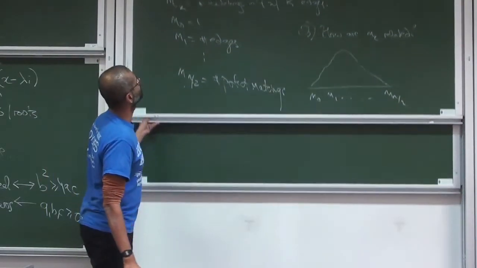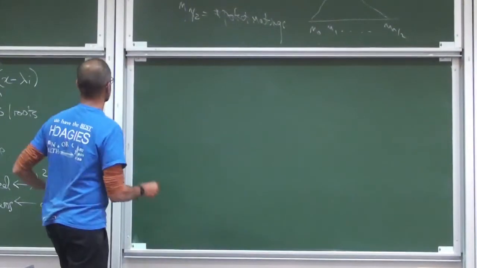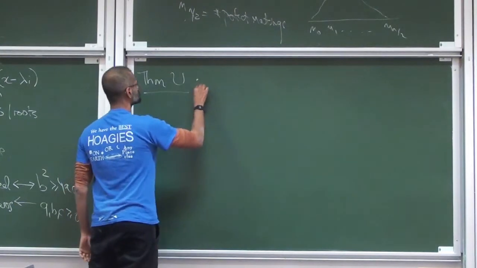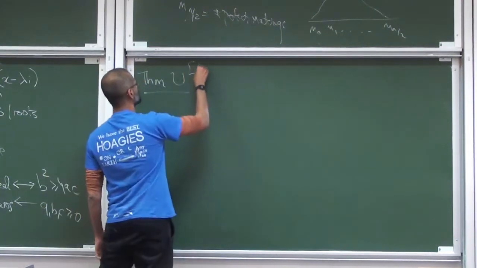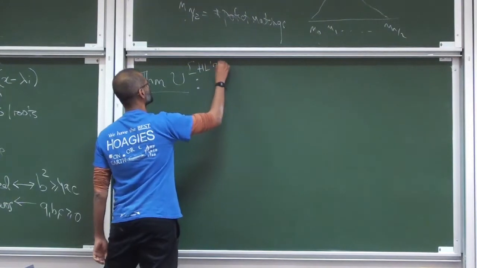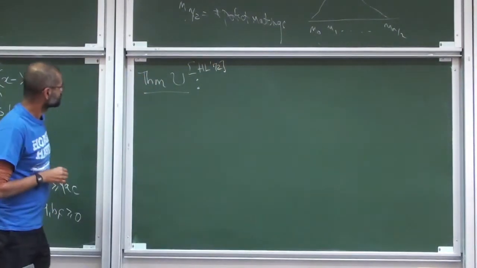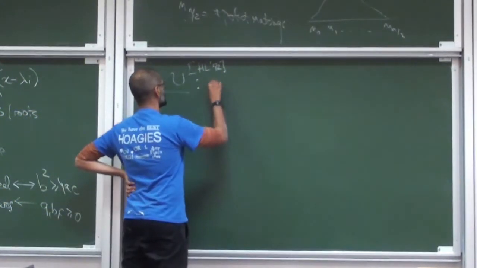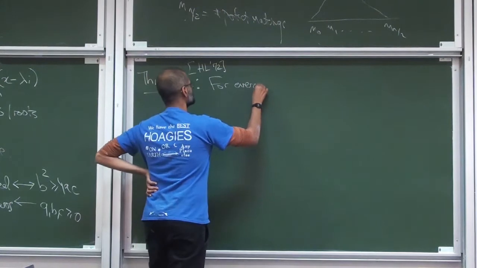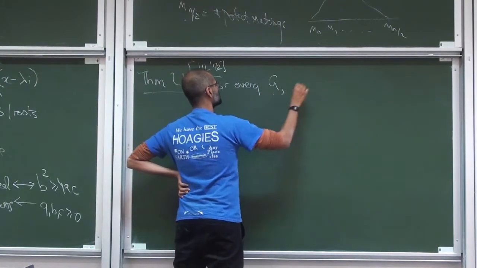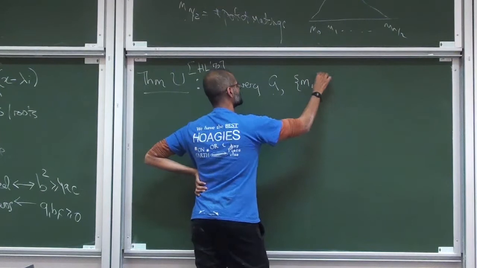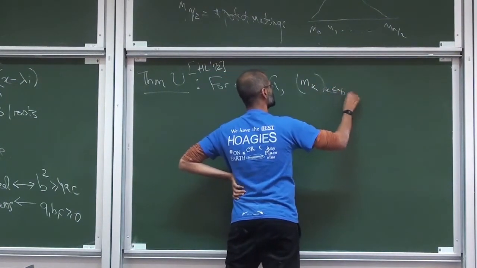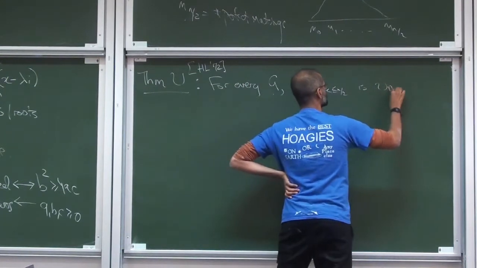The first theorem I want to prove to illustrate this paradigm is a theorem that I'm going to call theorem U, which is originally due to Heilmann and Lieb, 1972, I think. The theorem says that for every graph G, the sequence of matching numbers is unimodal.